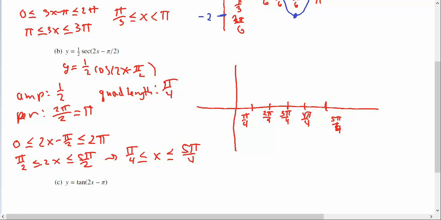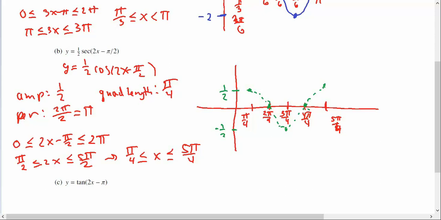And so my cosine graph would start at the high point, and then it would come here, hit its low point, and come back like this. I'm going to dot it in because this isn't our actual graph, but that would be the cosine graph, with values at minus 1/2 and positive 1/2.